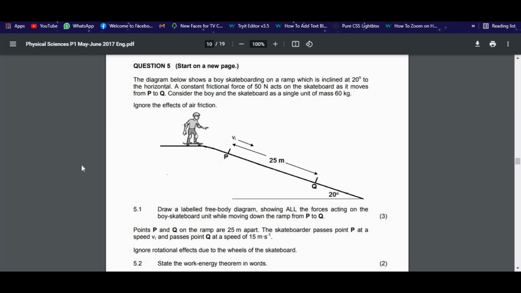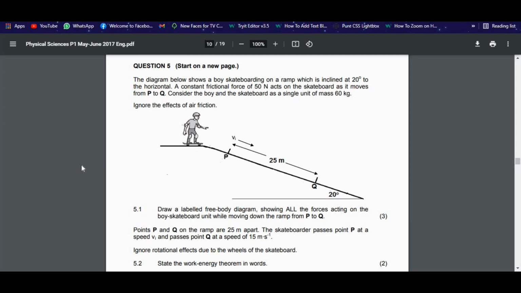5.1, draw a labeled free body diagram showing all the forces acting on the boy's skateboard, which we're taking as one object now, a single unit, while moving down the ramp from P to Q. Before we get to 5.2, it says points P and Q on the ramp are 25 meters apart.